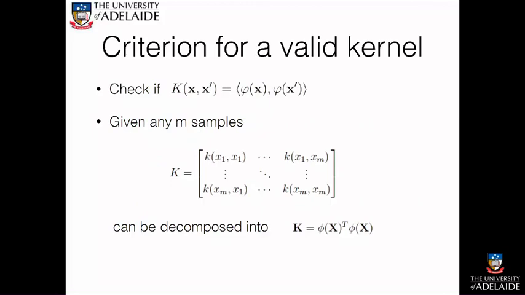So one of the criteria for a valid kernel is that this kernel matrix must be able to decompose into an inner product. This is equivalent to saying that this matrix K must be positive semi-definite. So a matrix transpose times itself, the resulting kernel matrix, must be positive semi-definite.